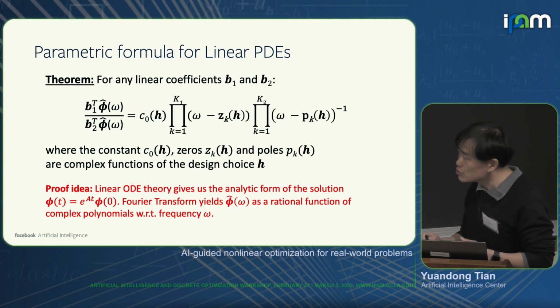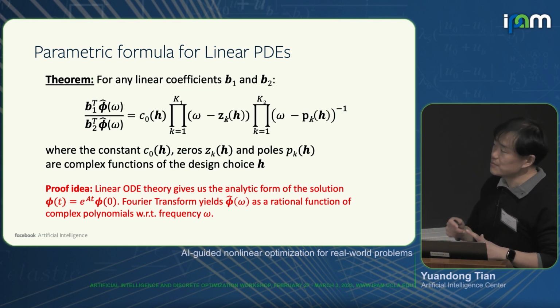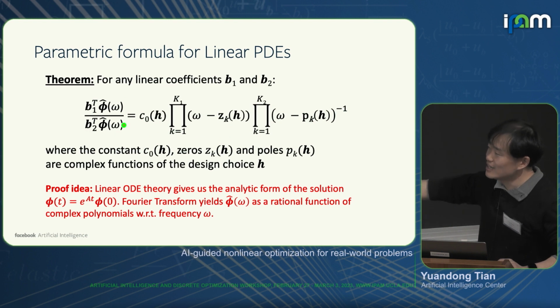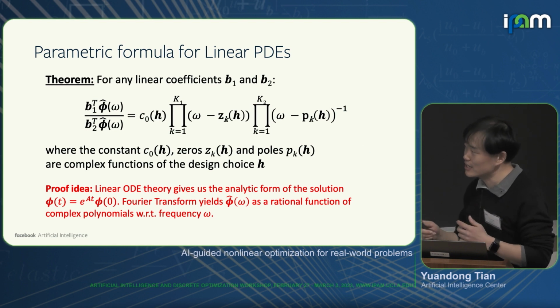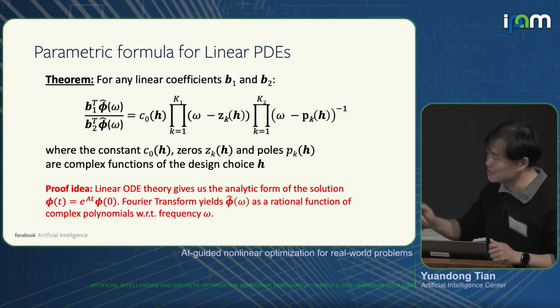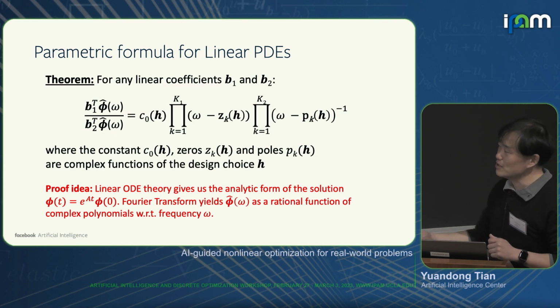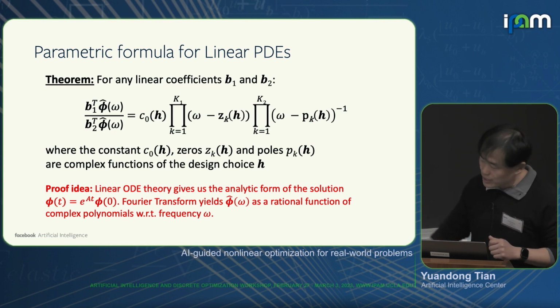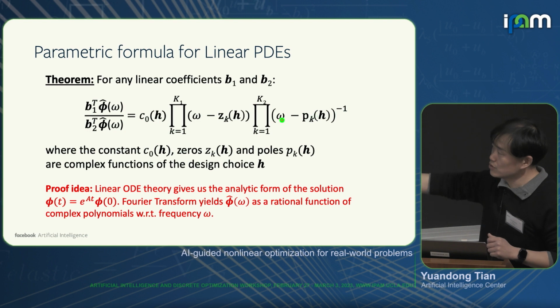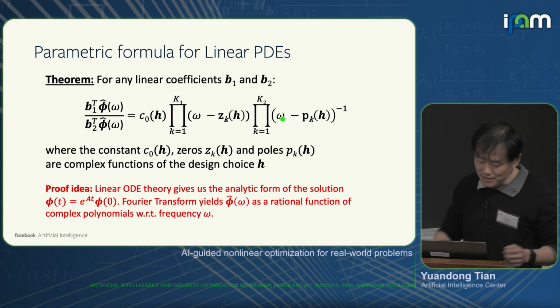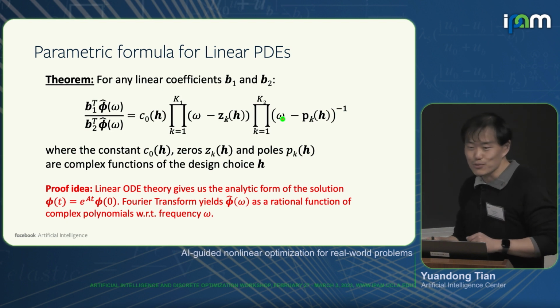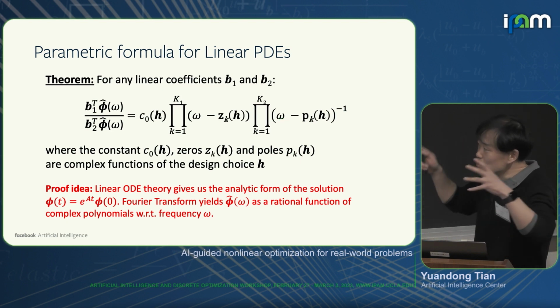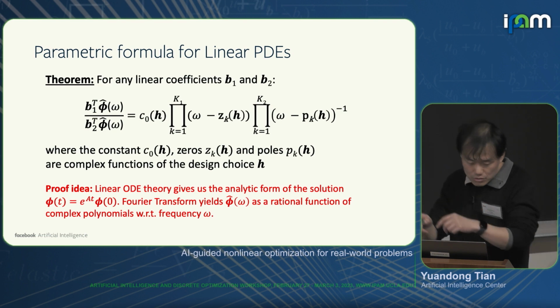We can prove this is true. And because it's a ratio of complex polynomials, you can always write it as a product of multiple first order linear factors, by the fundamental theorem of algebra. You don't really know what C0, Z, and P are; they are parameters that are magic. We don't know what they are, but at least we know this is the form we fall into.